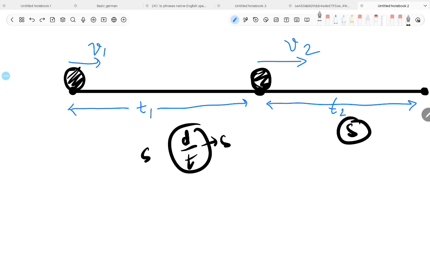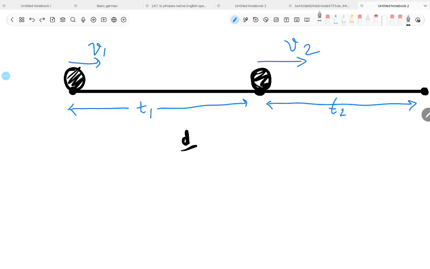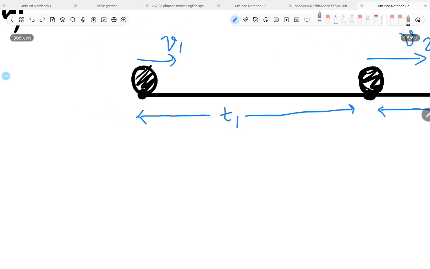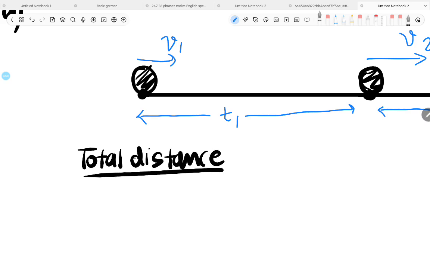That's not allowed here. If you have to find the average speed, write down the complete formula. That makes it easier for you to not make any mistakes. First of all, average speed is total distance divided by total time.